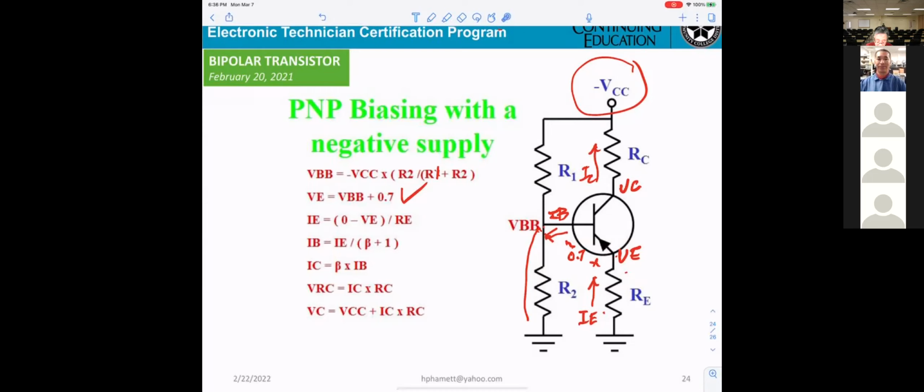After you get VRC, you take the difference between VCC and VRC, and that's what you get for VC, from here to the ground. So this is the formula. The only thing is to make sure VCC will be negative.